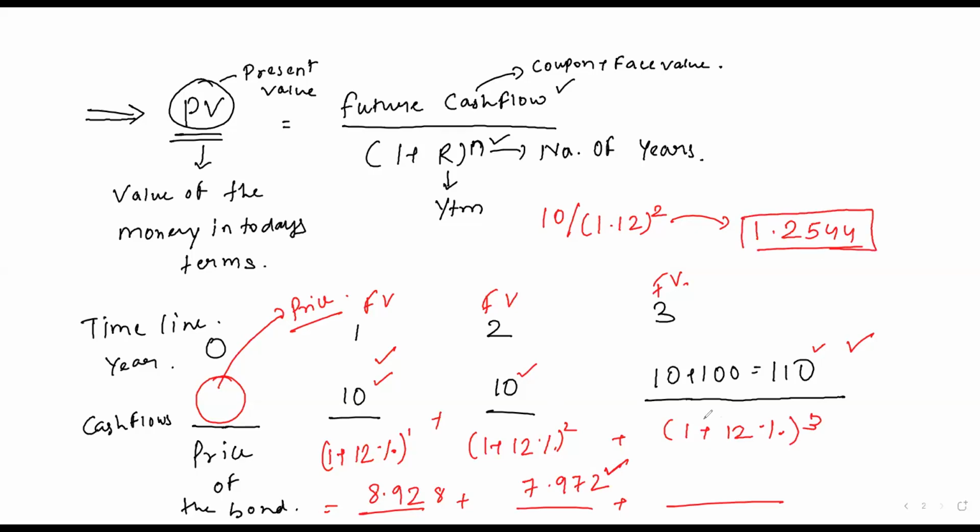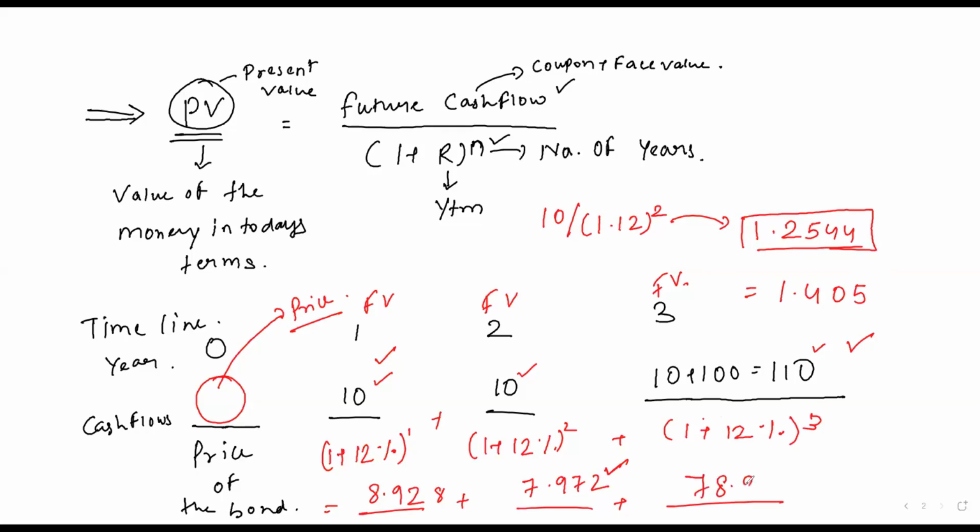Now do 1.12 cube, 1.12 to the power 3. So it would be 1.405. It's 1.4049, so it's basically 1.405. 110 divided by 1.405 is 78.29.